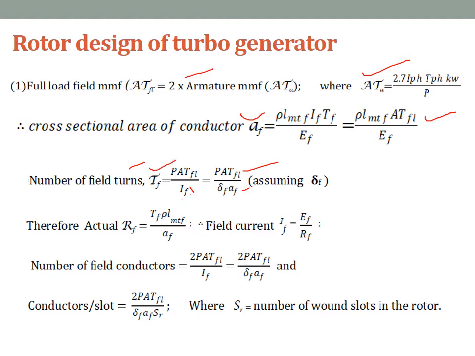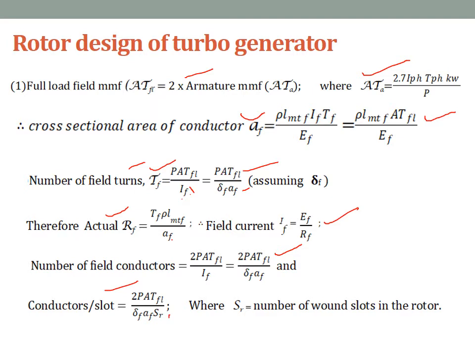TF into rho LMTF by AF will give RF. Actual field current IF is equal to EF by RF. The number of field conductors can be found out using this equation, 2P ATFL divided by delta F AF. And conductors per slot is obtained using this equation, 2P ATFL divided by delta F AF SR. SR is the number of wound slots in the rotor.